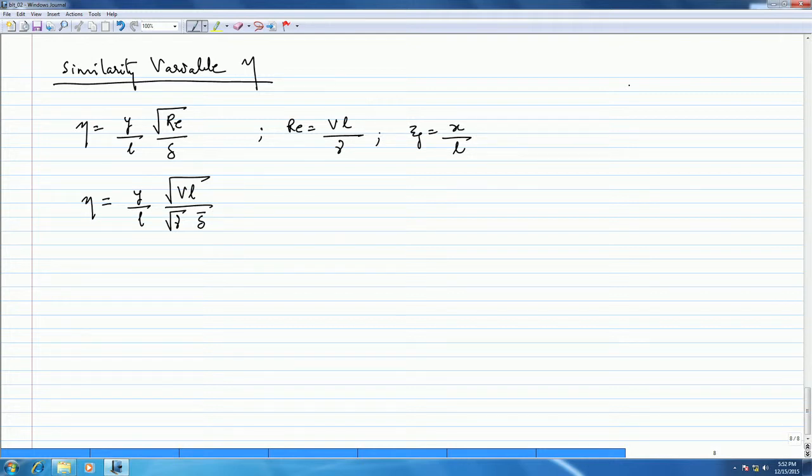Okay, so if I do that, then this I can write as y, under root of V, under root of L and nu, into under root. I think I missed something here. So this here is my delta bar.